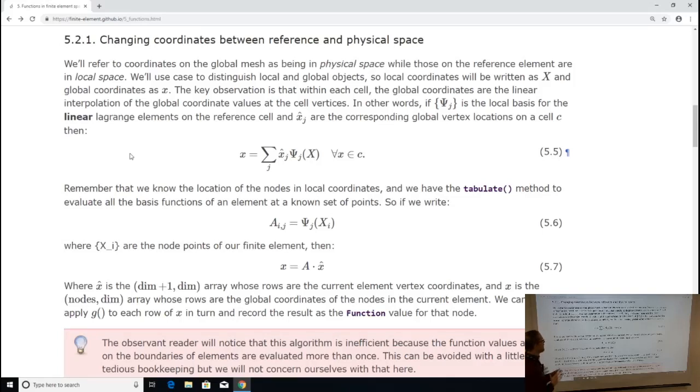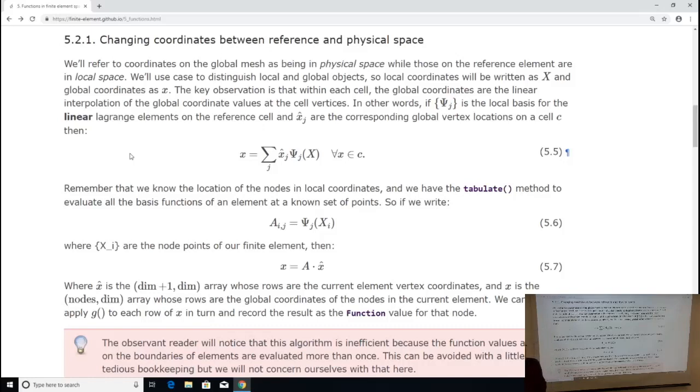So the way to understand that is if you think about the triangle both locally and globally as being defined by its vertices, then what are the coordinates of any point inside the triangle?